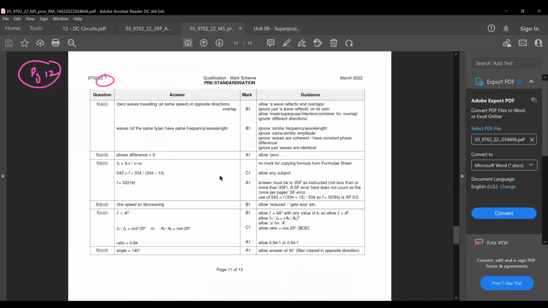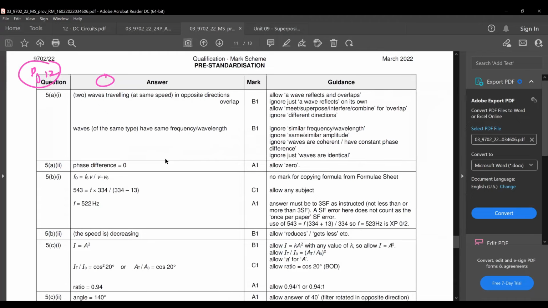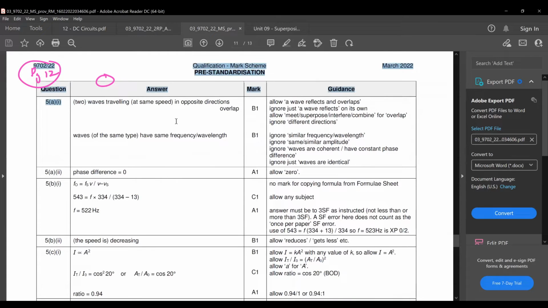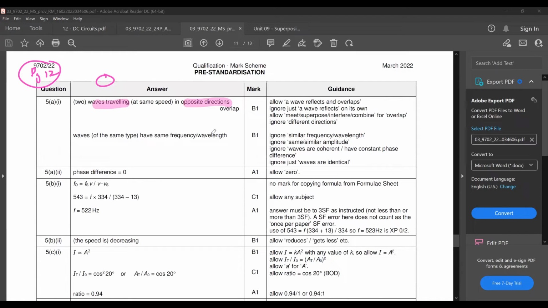In our case here, if you want to talk about formation of stationary waves, you just need to say waves traveling in opposite directions with the same frequency and wavelength. Those are the two most important things they want to see: waves traveling in opposite directions overlapping, and they have the same frequency or wavelength.